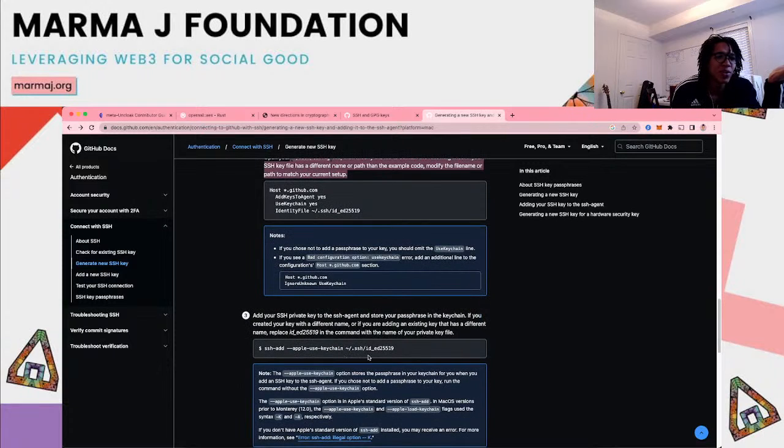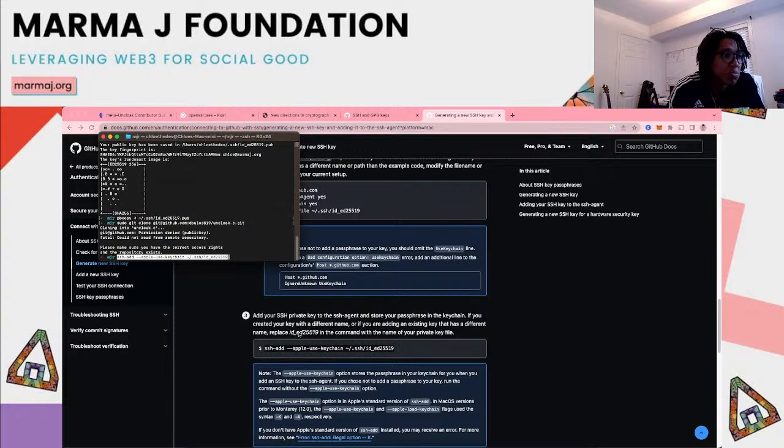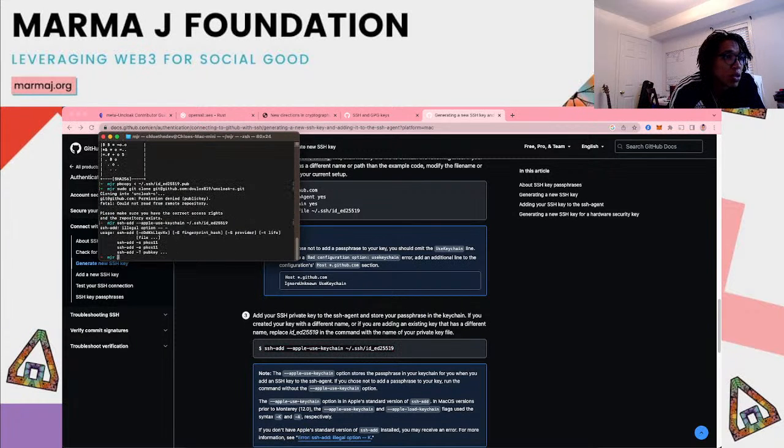Okay, it's in the default location. Maybe I have to use this part just because... illegal option. ssh-add illegal option dash, and then dash uses ssh-add, and it wants the file.